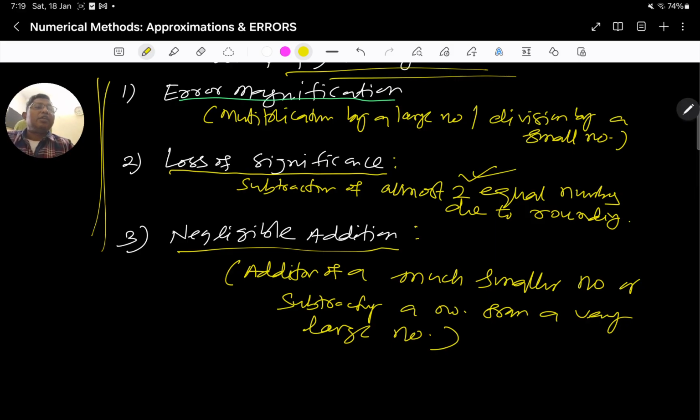Computational error, due to the limitations of your scientific devices. Inherent error, which is already present in the problem itself. And truncation error, where an infinite series is written up to a certain degree, or an integration is approximated by a finite summation process.